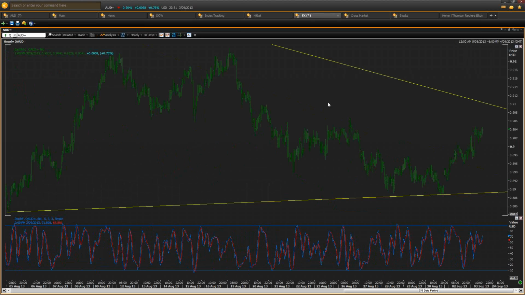Let's go 30 days. As you can see here, the Aussie had a bit of a tricky last few hours. It had the initial spike up to 1920, down to 70. Since then, it's been trading a bit sideways, but not as much weakness as we saw in euro. So that's something to have a look at.